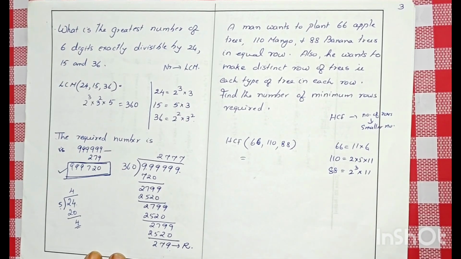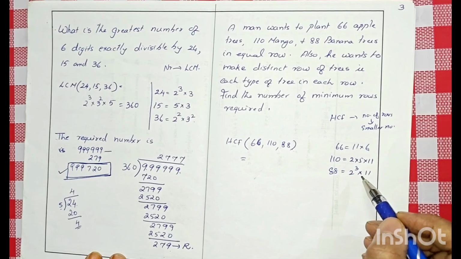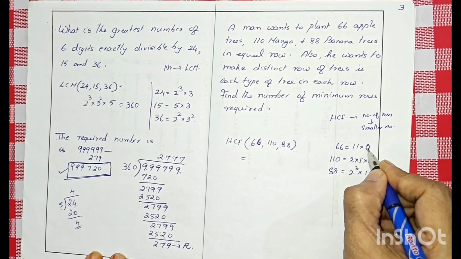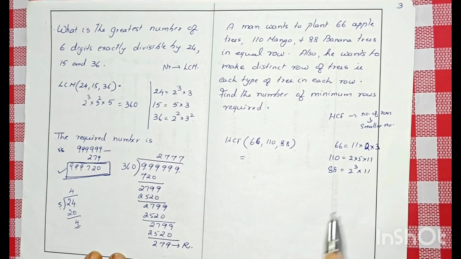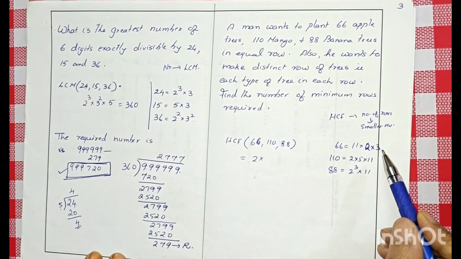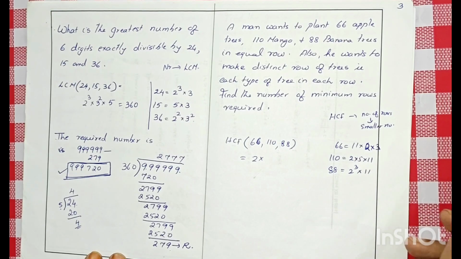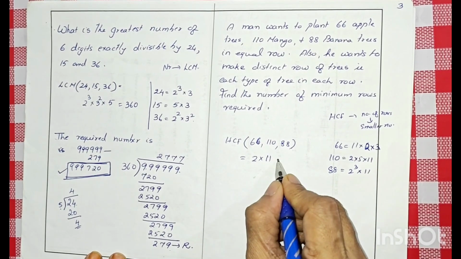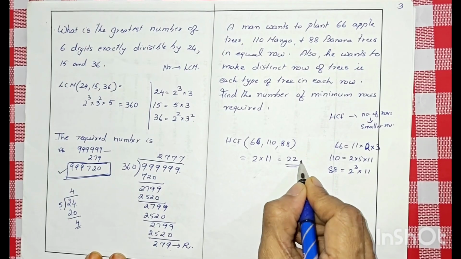So your HCF will be... 2 is common, so 2 into... then 3 is not common. 5 is not common. Only 11 is common. So HCF is equal to 22.